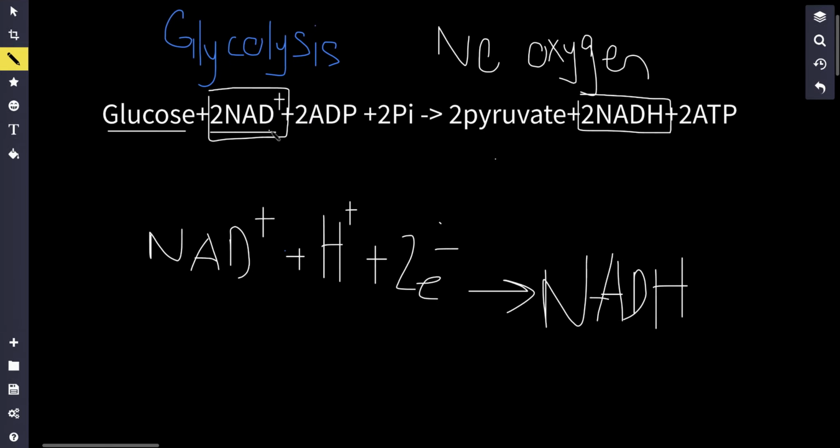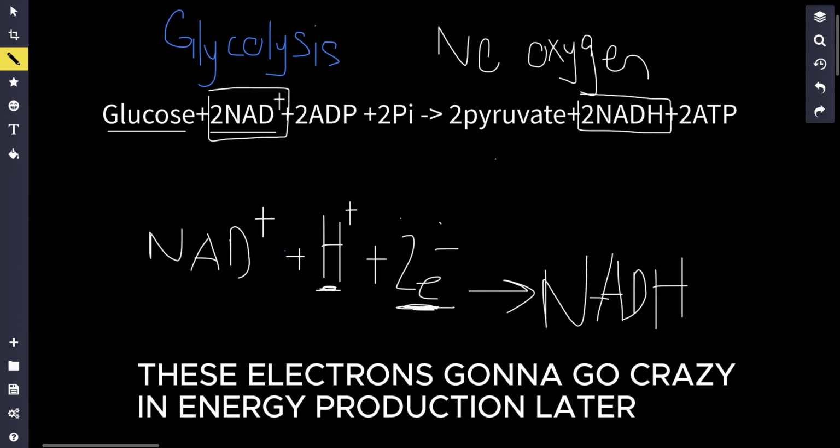Now, NAD plus to NADH. Notice how there's an addition of hydrogen. So you're going to grab a hydrogen ion, and you're also going to grab 2 electrons. All of this will be explained in specifics later, where we get these ingredients.